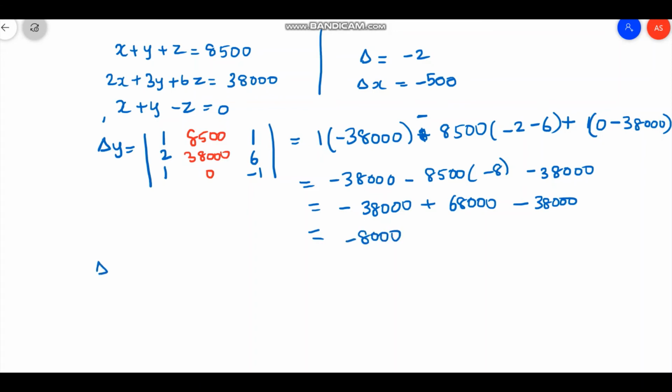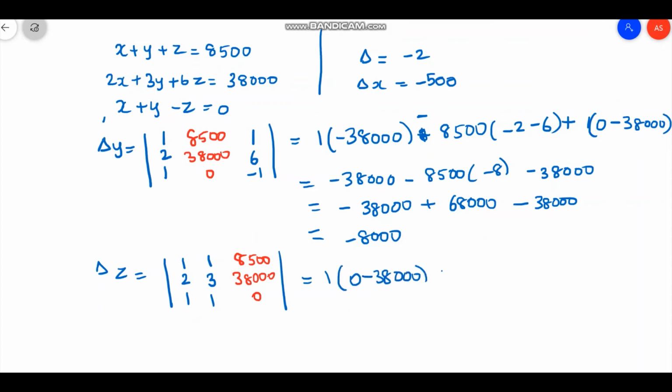Now let us find delta z. So what is delta z? Your x values remain the same and the y values also remain the same. Only there will be a change in the z values. The z values will be 8,500, 38,000 and 0. So simplification gives me 1 into 0 minus 38,000, minus 1 into 0 minus 38,000, and plus 8,500 into 2 minus 3.